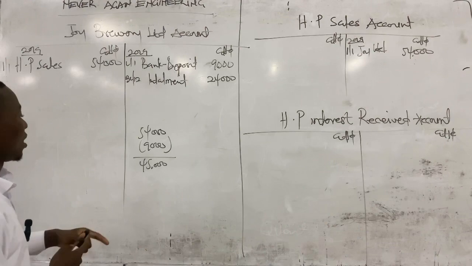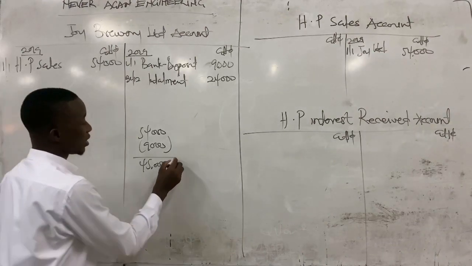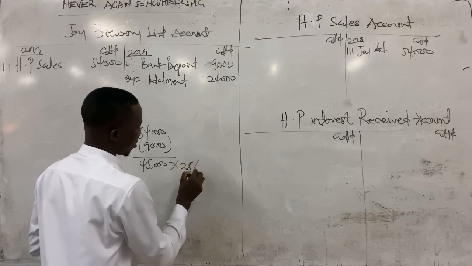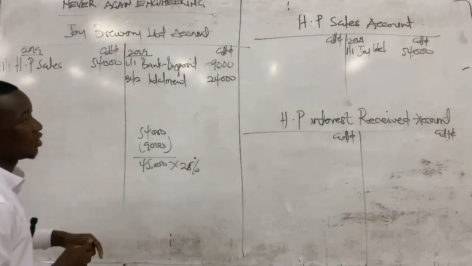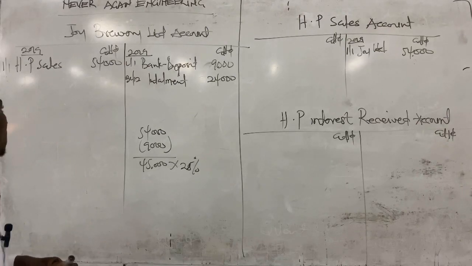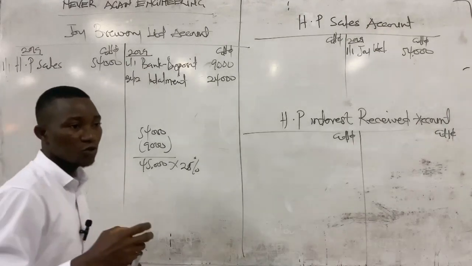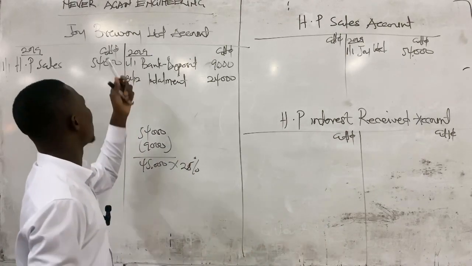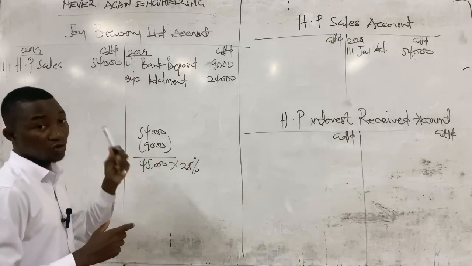Is this clear? With this 45,000, we calculate the interest, that is 25% on it, and 25% on this amount will give us 11,250. And this 11,250 is an amount that is supposed to be paid by Joe Limited.